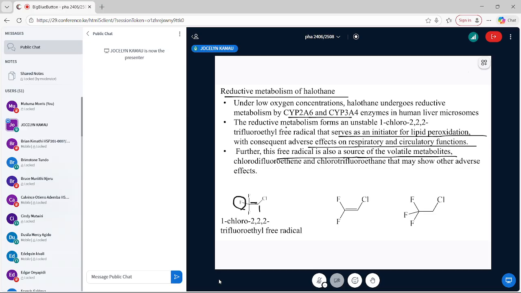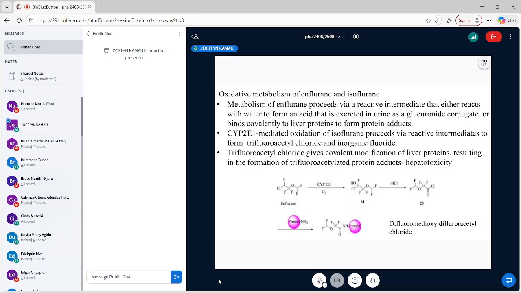So what we are saying here is that it's important to appreciate that halothane undergoes oxidative metabolism and also reductive metabolism, and both of them can cause adverse effects. Then we have also mentioned enflurane, and we have also mentioned isoflurane. As having said already, isoflurane is a positional constitutional isomer of enflurane, and that you already know.